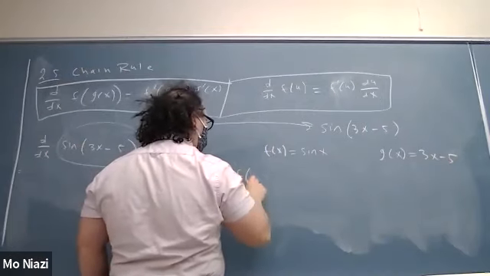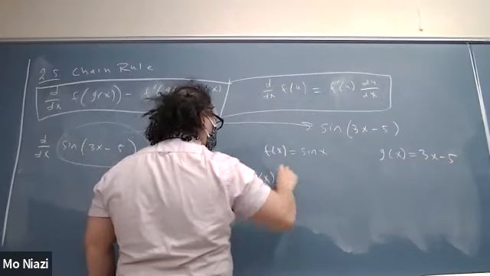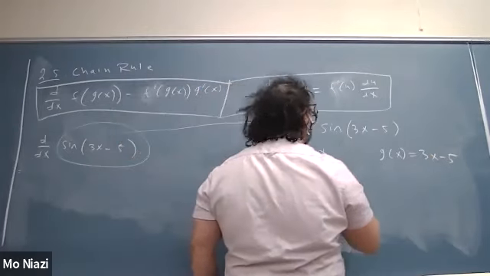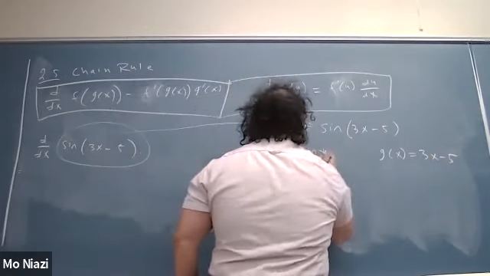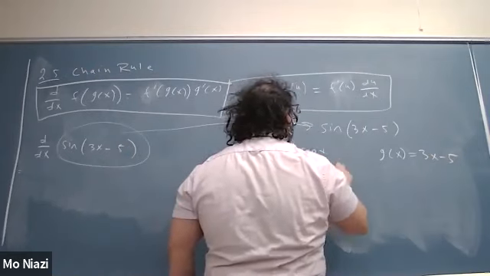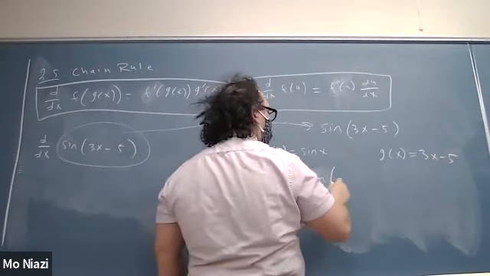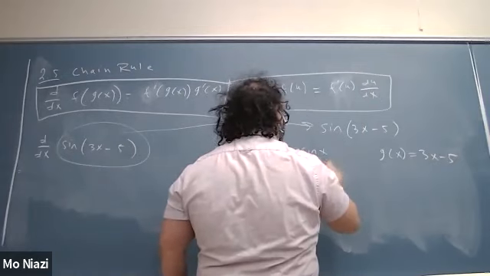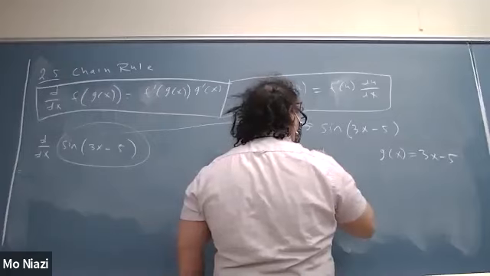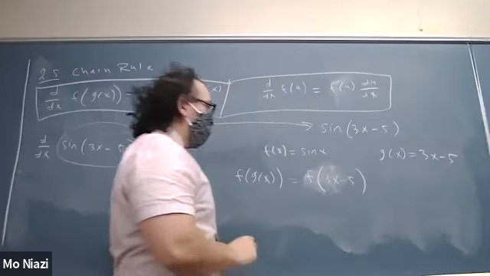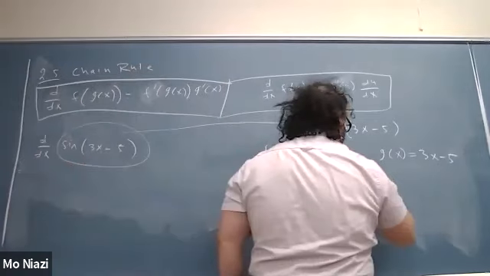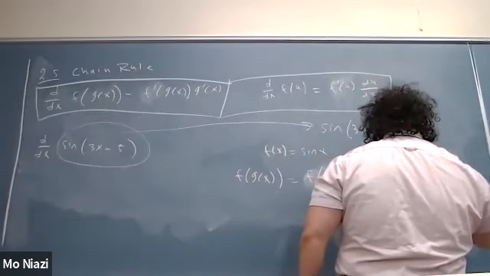So f of g of x is equal to f of 3x minus 5. But recall f of x is equal to sine of x, so this becomes sine of 3x minus 5.